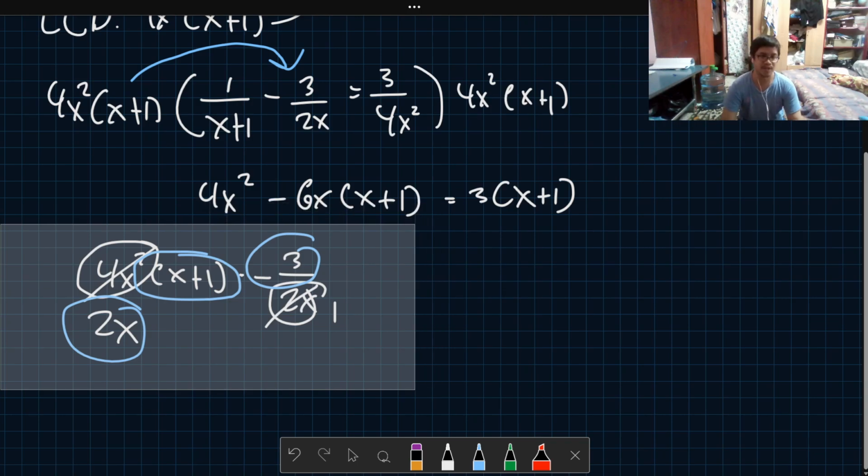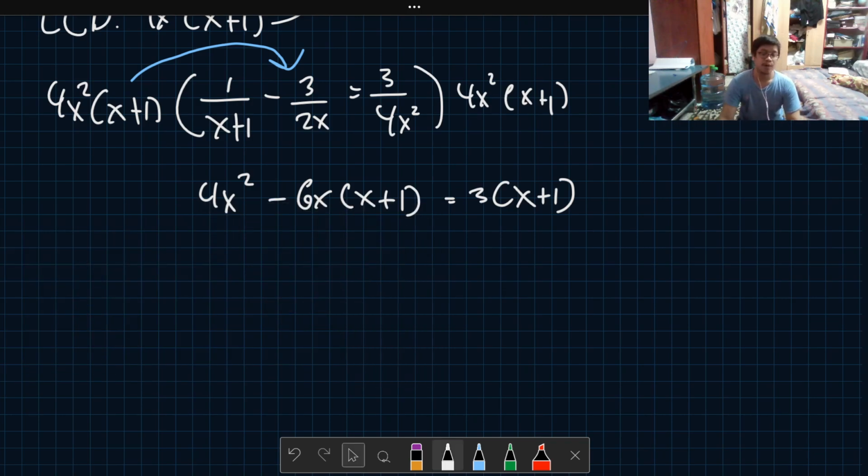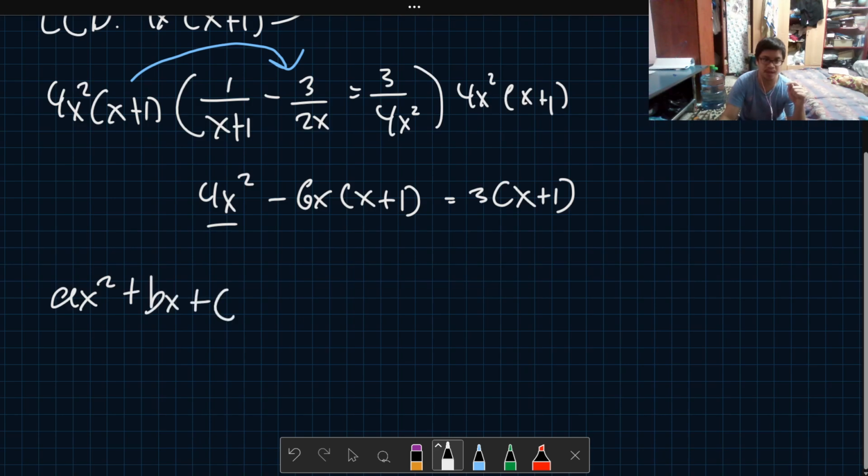Let's go back. Let me erase this. Now, we're going to find the x. But this is not just simply finding the x, because if you take a look closely, we don't just have x, we have x squared. So this brings me an idea. Because if we have x squared and x, that means we will either have a quadratic equation, which is ax squared plus bx plus c equals 0, or maybe just not quadratic, but it has x squared as one of the terms.